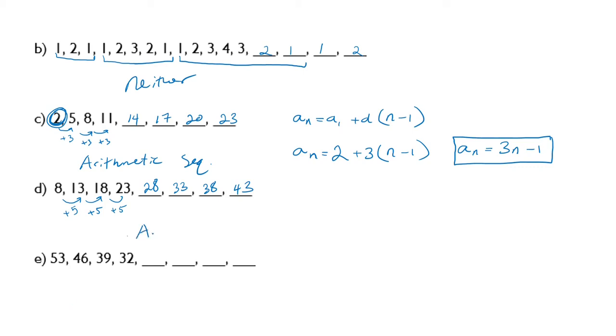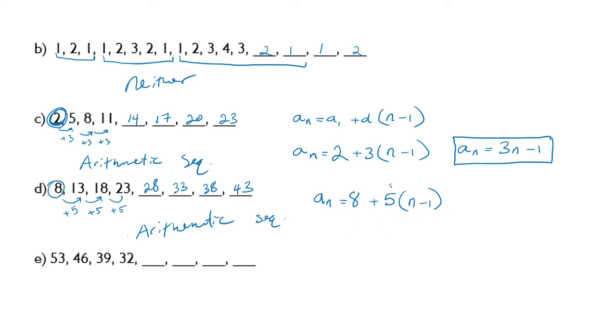We know this is an arithmetic sequence again. A sub n is equal to a sub 1, which is our first term. That's 8, plus the common difference here is 5, and we'll multiply that by n minus 1.